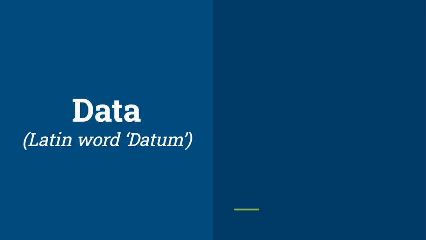That is, data is something which is given or something which is used as a basis for reasoning or drawing an inference or arriving at a conclusion. Or data is something which is given or something which is used as a basis for a calculation or a measurement.